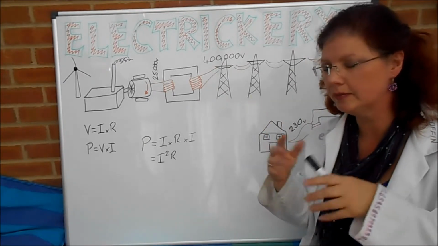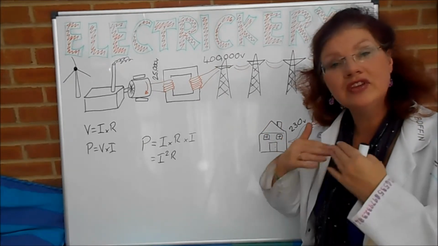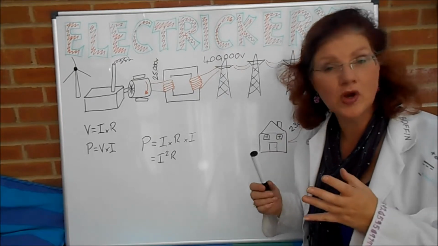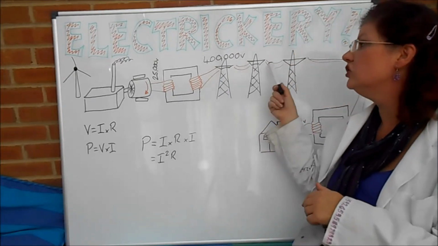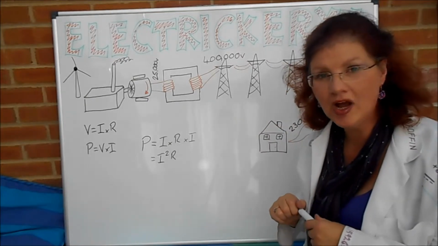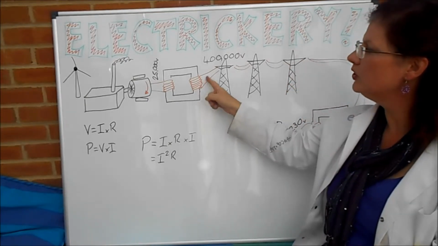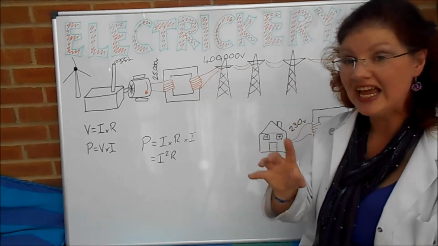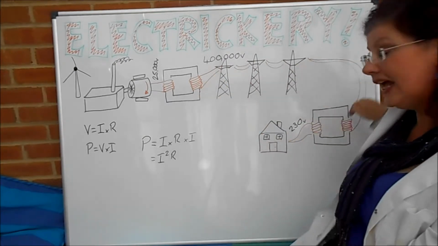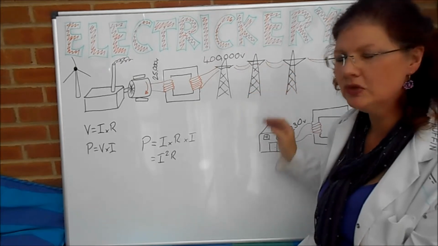They shouldn't get red, but sometimes they do. And that's because the electricity going through the wire makes the wire get hot, which is what you want in a heater. It's not what you want in these wires, because when you're pushing a certain amount of energy in here, you want to get the vast majority of that energy out the other end. You don't want it wasted in between.